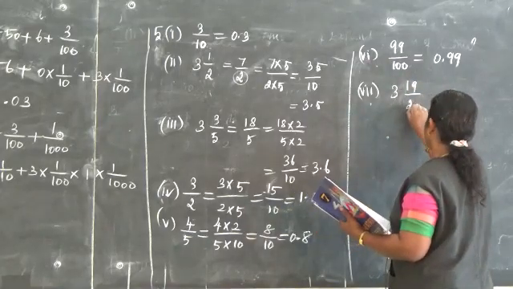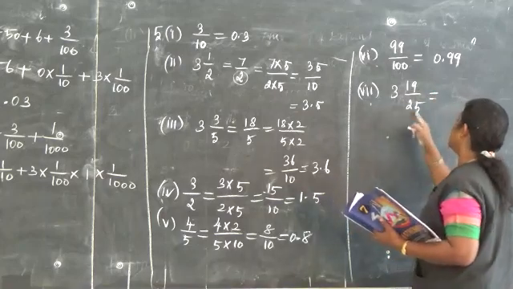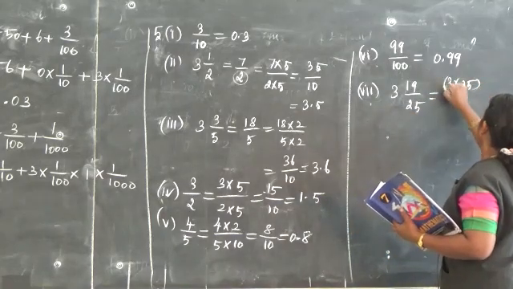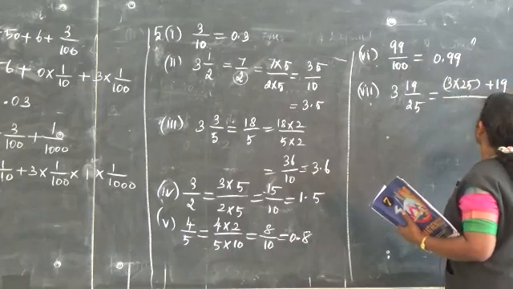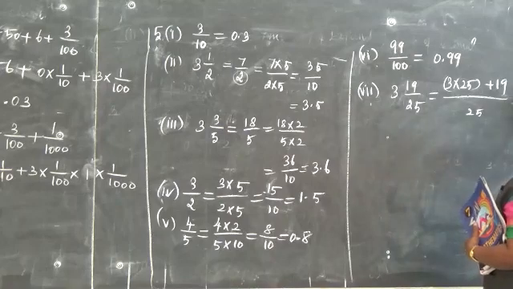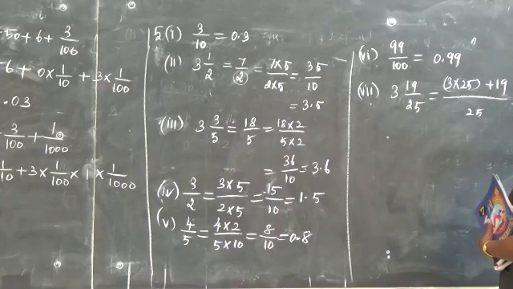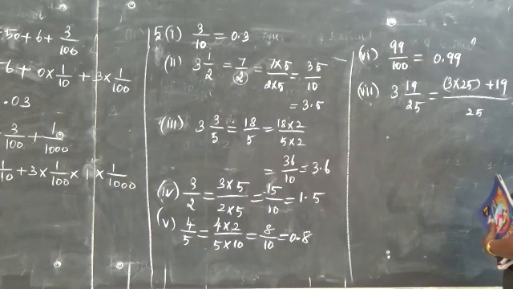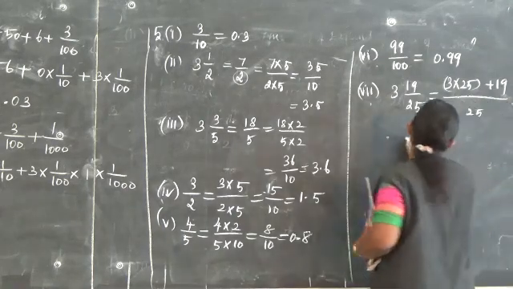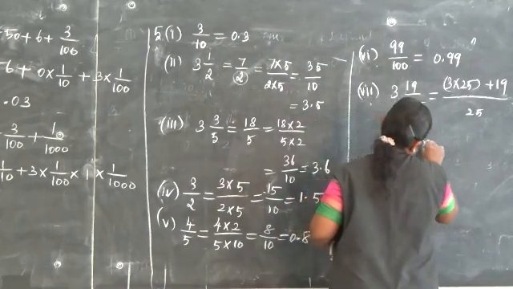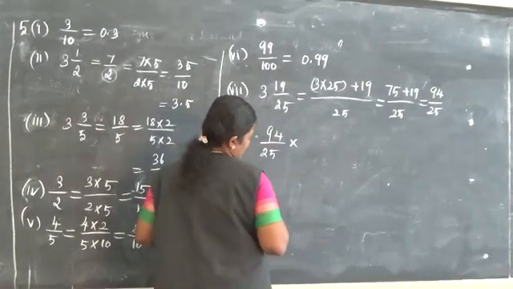Come to the seventh problem. 3 19 by 25. So multiply by the denominator, add to the numerator, divided by 25. 3 25s are 75 plus 19, 94 by 25. If the denominator is 25, convert to multiples of 10.